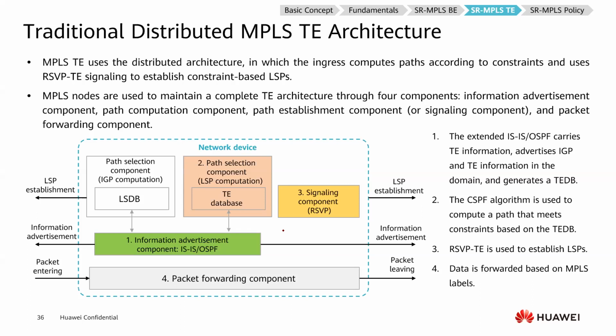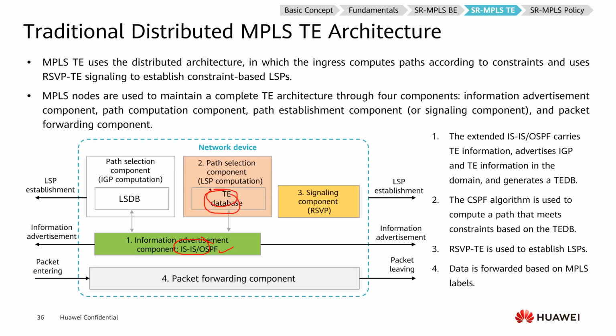Use RSVP and OSPF to advertise the network situation, like the topology, the bandwidth used, the cost for the IGP, those kinds of information. We use extended RSVP and OSPF, and based on that information they create a TE database.